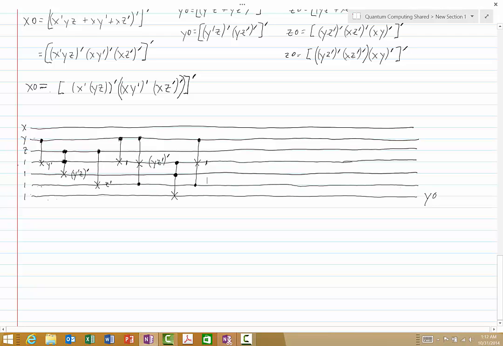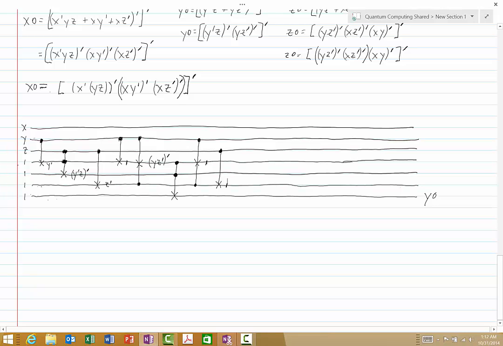And now if we will put this gate again, that will give us a 1 back on that line.